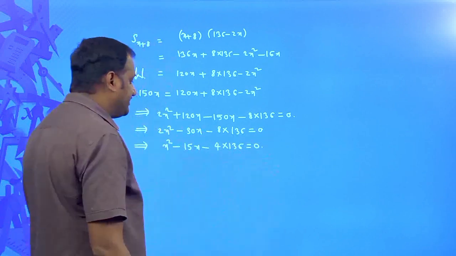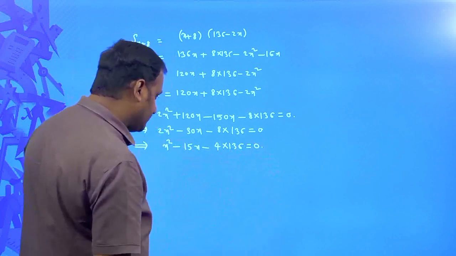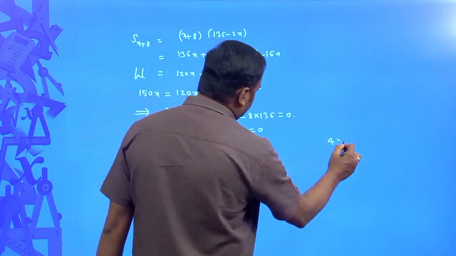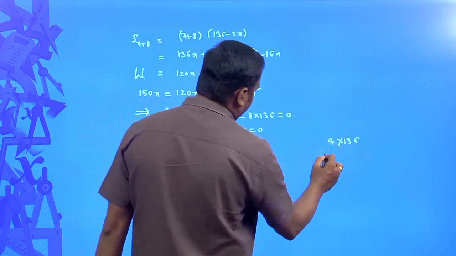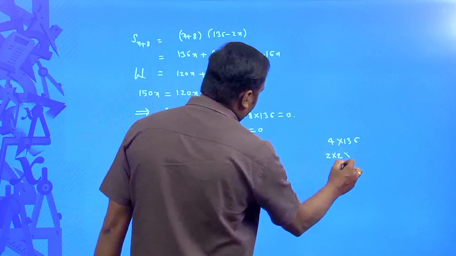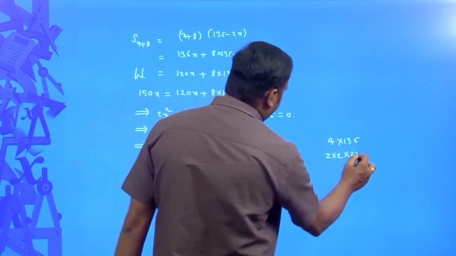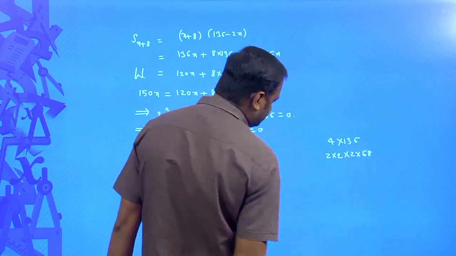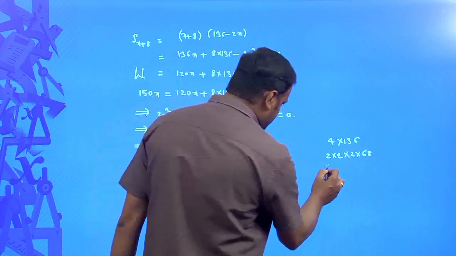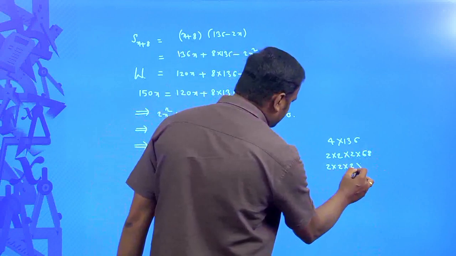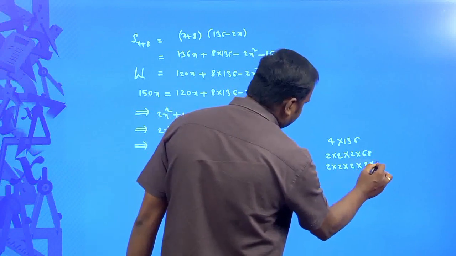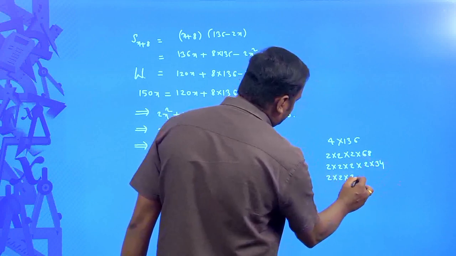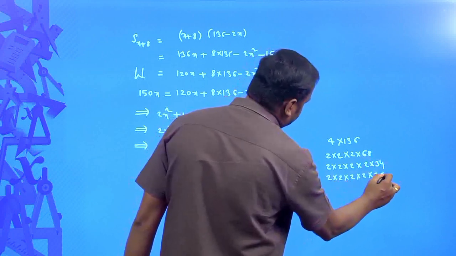Now, our ultimate aim is to find out the value of x. For that, you can go by the splitting middle term method, with 4 into 136. So, 4 times 136: 4 can be written as 2 × 2, and 136 is 2 × 2 × 2 × 17.